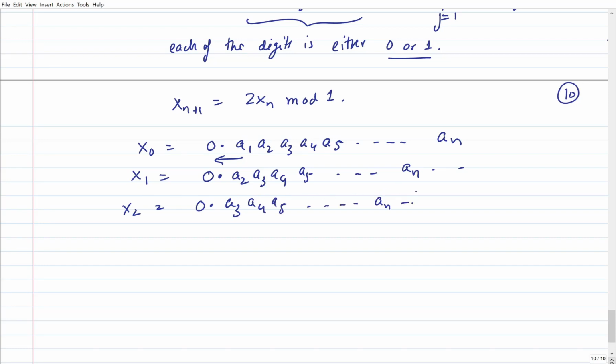Now AN becomes A_(N+M). So what's essentially happening is that you lose one digit and the entire binary sequence of 0s and 1s just shifts towards the left. You can think about it: multiplication by 2 shifts the entire sequence.